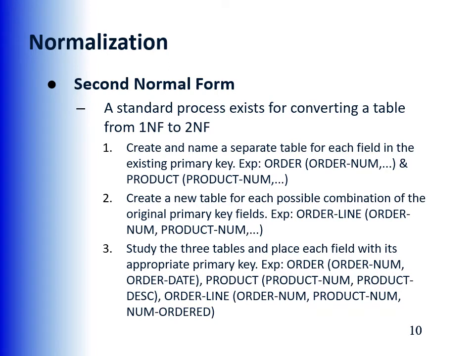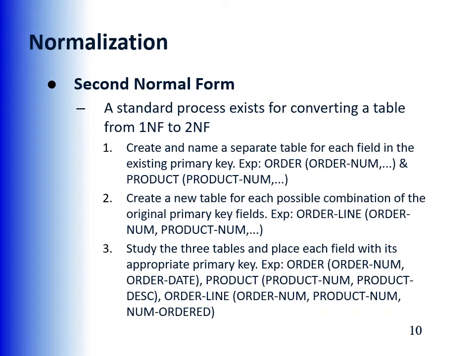Converting a table from first normal form to second normal form. The objective is to break the original table into two or more new tables and reassign the fields so that each non-key field will depend on the entire primary key in its table.